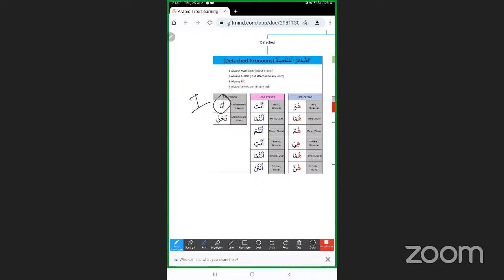Okay, help me with this. Anta means you. Anta means you, but you who? Male or female? Male. And in Urdu or in your language, whatever your language is? Aap. Not aap.